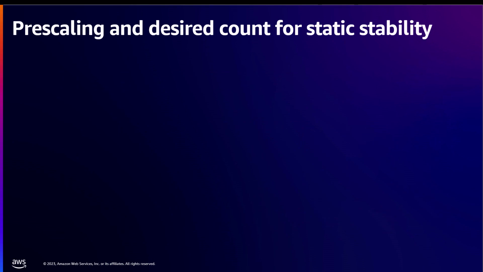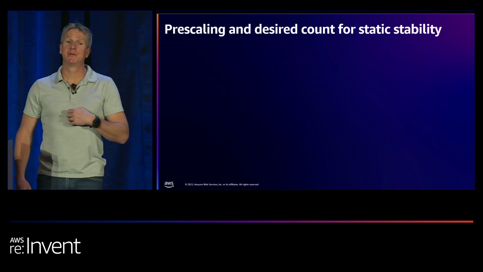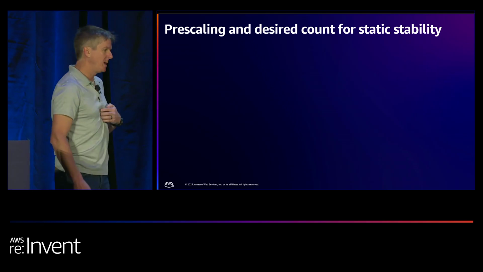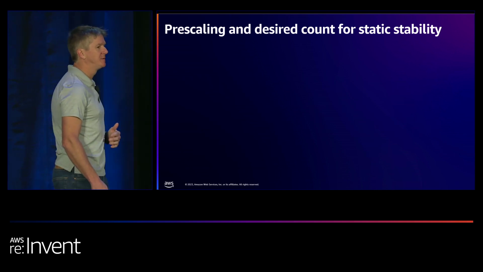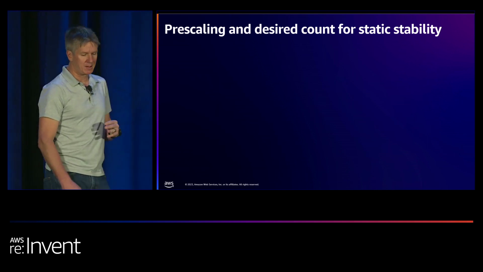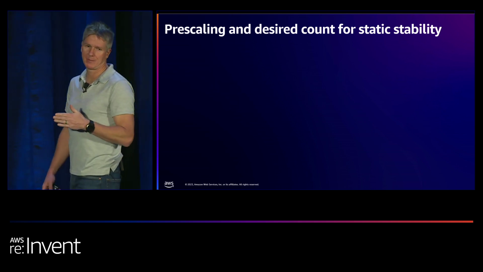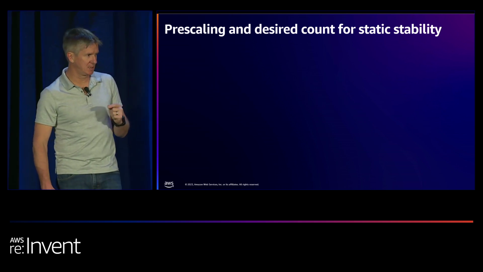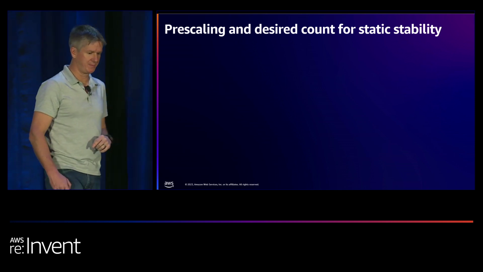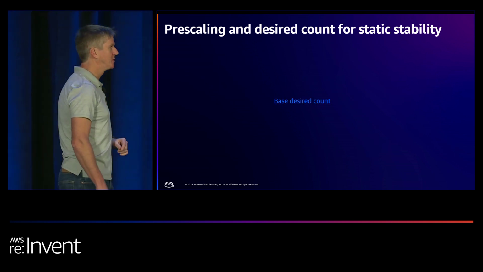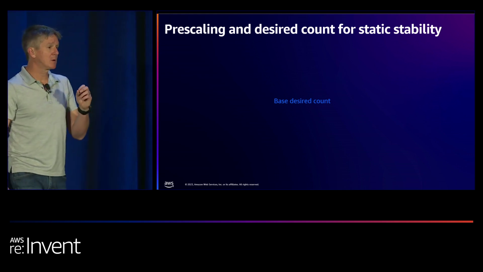One of the things I talked about earlier is the notion of pre-scale. We pre-scale our service to 150% of peak. And so you might be asking yourself, how do I work out what that number needs to be? What do I set my desired count to? The way that we do this is we start with our base desired count.